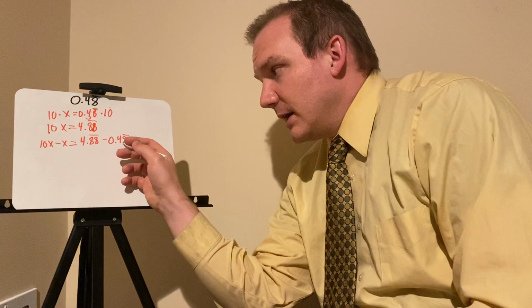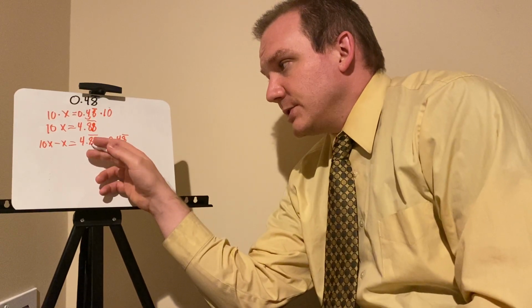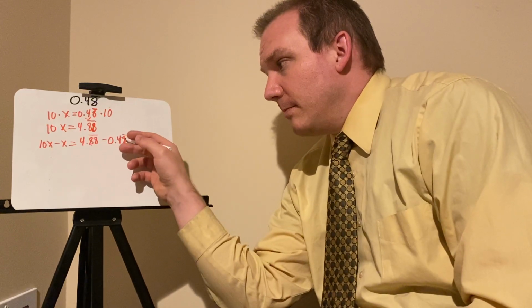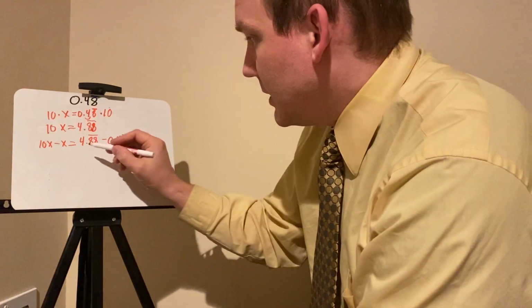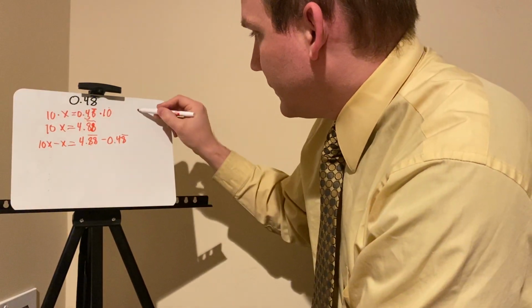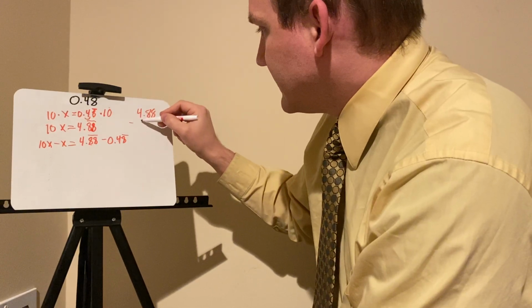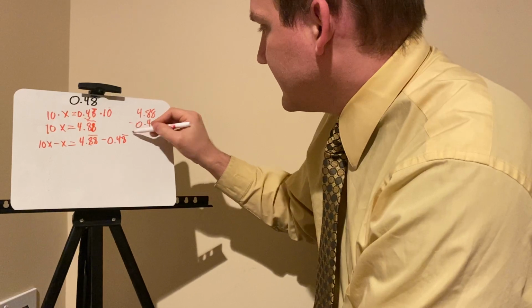So you actually have to subtract this a little bit differently, where with the 4, you would actually do 8 minus 4 to get 4, and 8 repeating minus 8 repeating to cancel stuff out to get 0. So this actually becomes 4.88 minus 0.48.